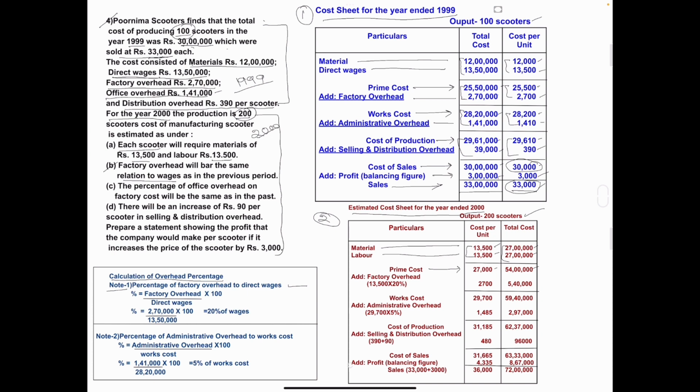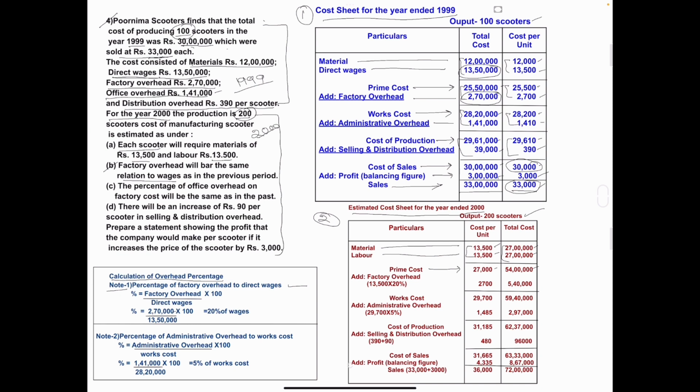See in the previous year cost sheet 1999, 2,70,000. Factory overhead amount is 2,70,000. That we will write here in this formula. Divided by direct wages. In 1999, direct wages is how much? 13,50,000. See the total column. Factory overhead amount is 2,70,000 and direct wages amount is 13,50,000.